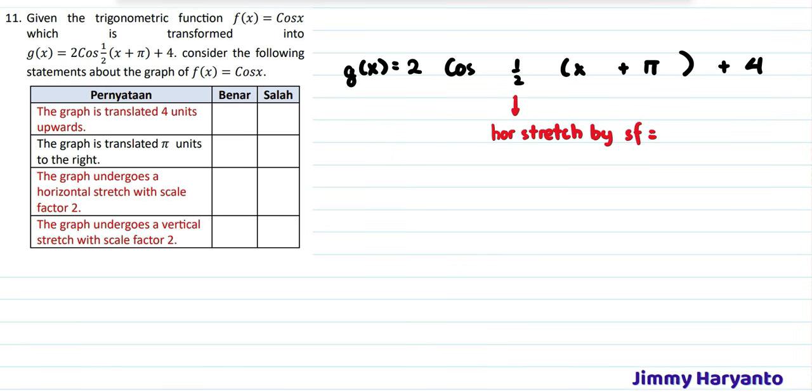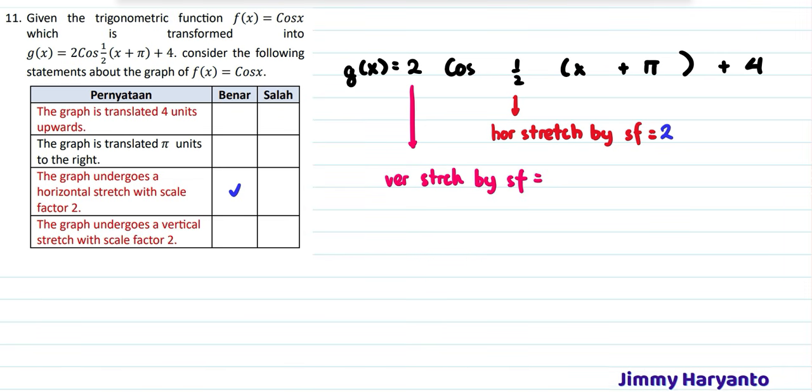So you'll have 2 for this one, scale factor of 2. That is the first. And then the next one: if that one is horizontal stretch, that means this one is vertical stretch by a scale factor. For this one, it will be the same as the value. So it's 2, vertical stretch scale factor 2.